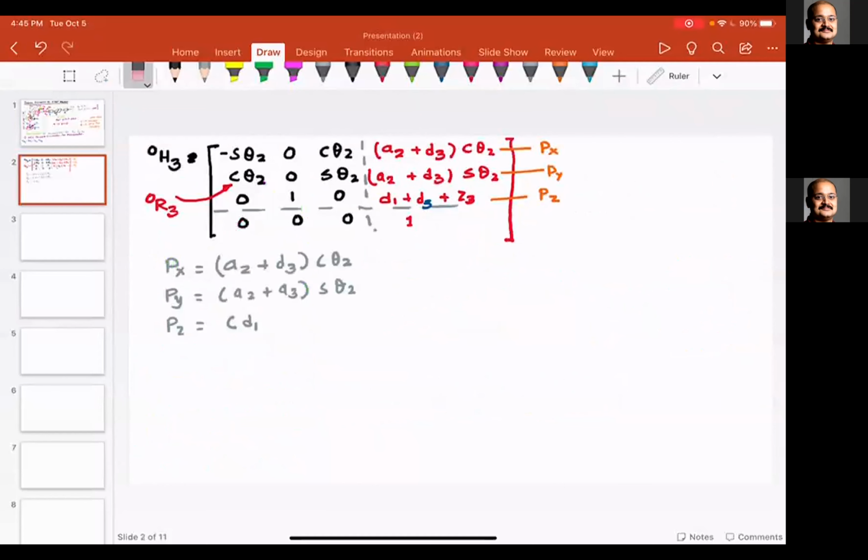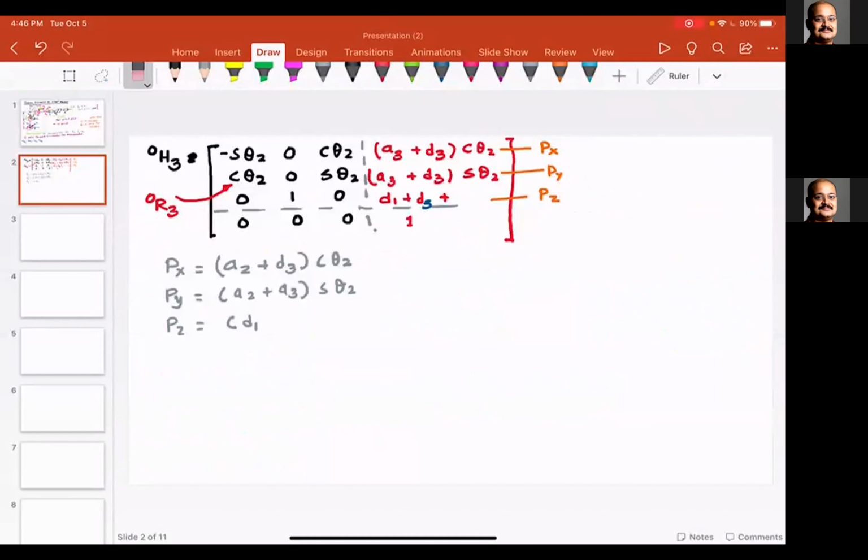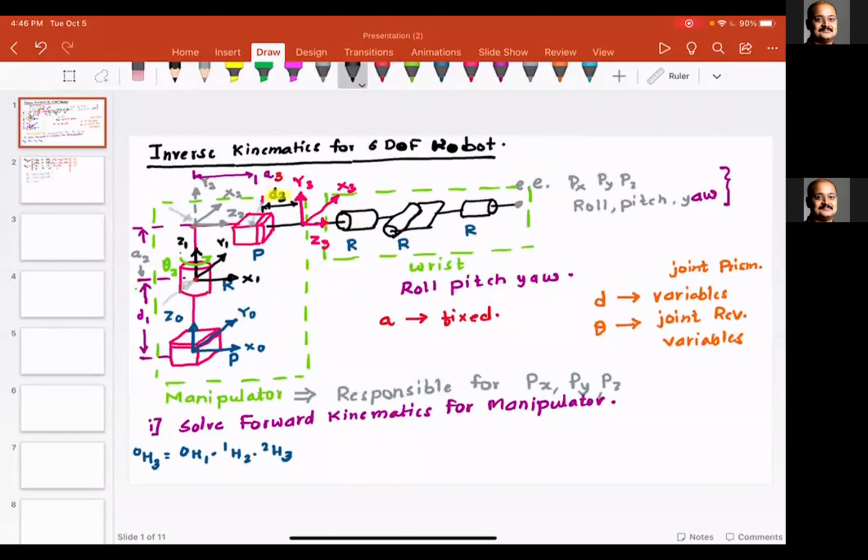So I was right, this is A3, this is A3, and the last quantity here is going to be D1 plus A2. I want you to take a minute to look at this kinematic diagram, and since I have to go back and forth, confirm that everyone understands the forward kinematics.